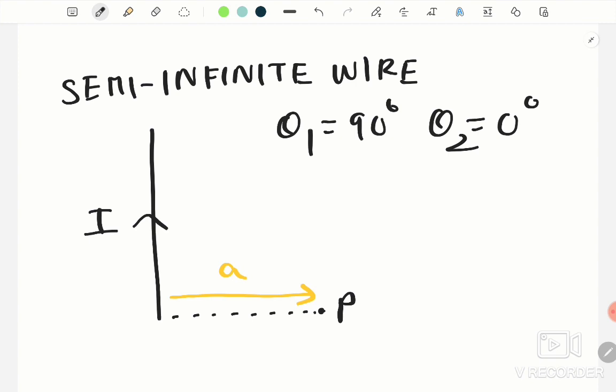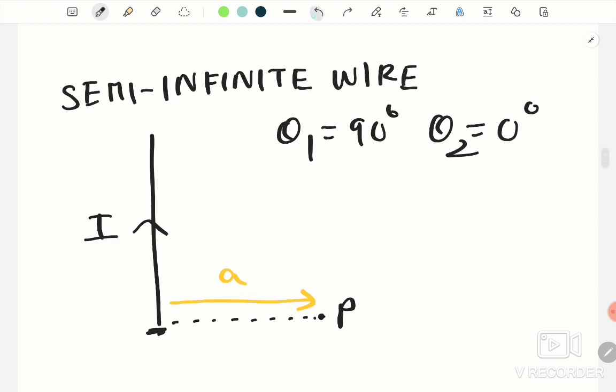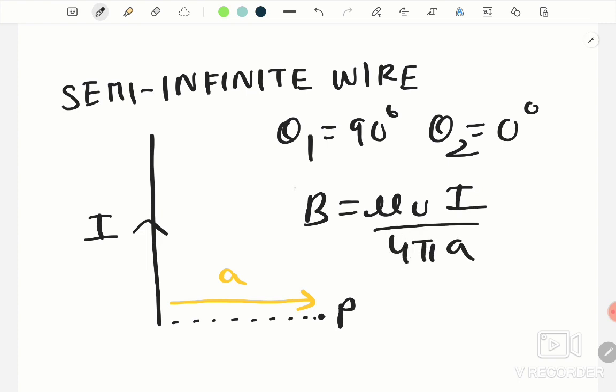The second angle is 0 degrees because the bottom of the wire is exactly in front of point P. Now, if we substitute these values into the formula of magnetic field due to a finite wire, we'll get the final answer of magnetic field as mu naught I divided by 4 pi A.